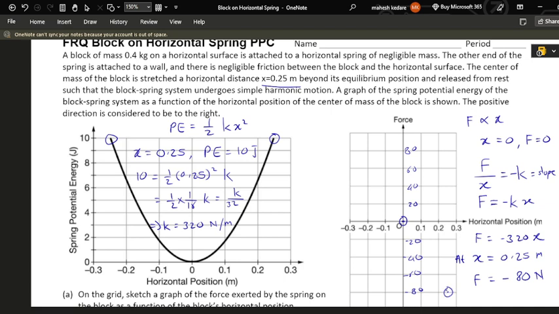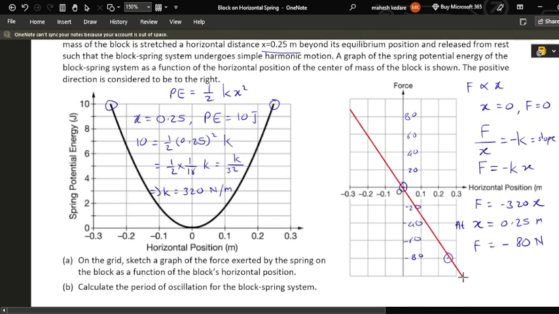Now we simply draw a straight line through them. That will be the graph. This is the graph between force and position.